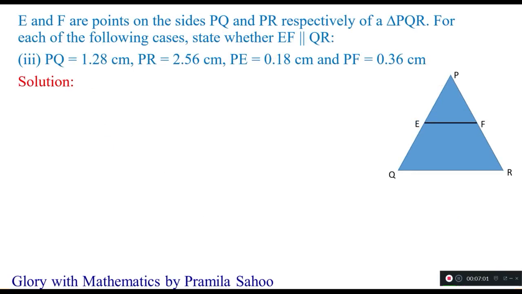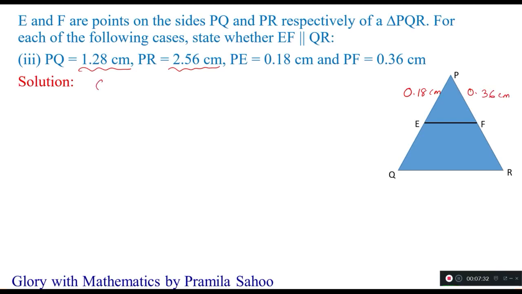Next, in triangle PQR, it is given that PQ is equal to 1.28 centimeter, and PR is 2.56 centimeter. PE is 0.18 centimeter and PF is equal to 0.36 centimeter. So first we have to find QE.